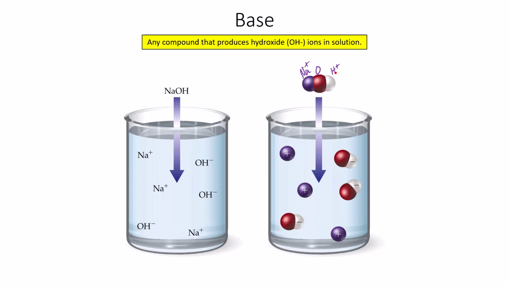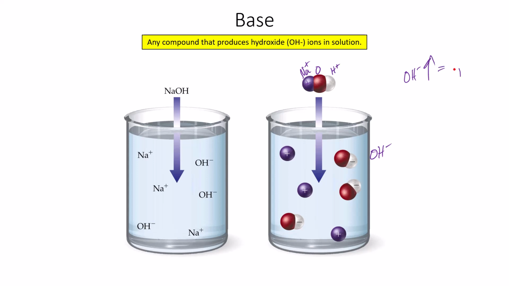The OH stays together, and so the OH becomes the negative ion because the sodium takes with it the protons that have a positive charge. They leave the OH negative, which becomes the hydroxide ions, and because this particular compound is releasing the OH negative in solution, our OH negative ion concentration is increasing.